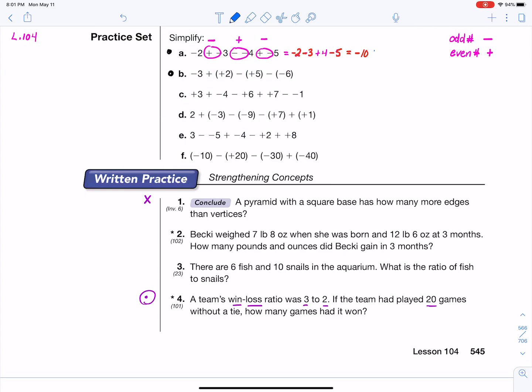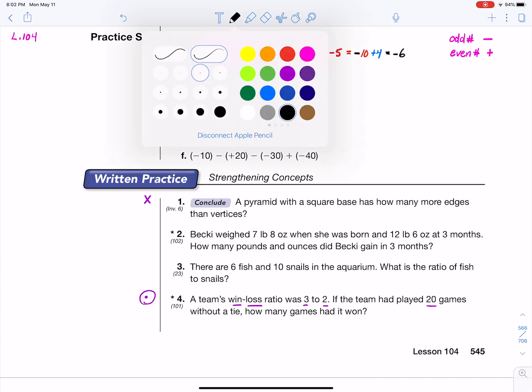I have 4 going in the positive direction. So I need to find the difference between those, between the 10 and the 4, which would be 6. And I keep the sign of the number I'm taking more steps towards, or the direction I'm taking more steps toward. There we go.